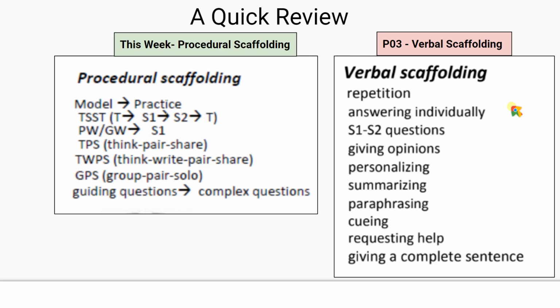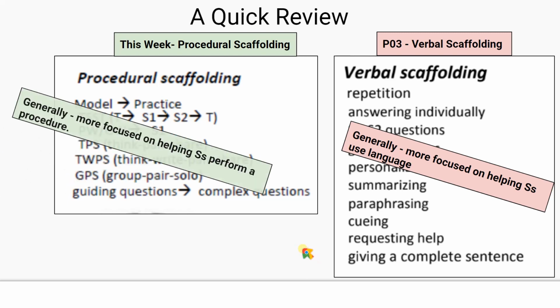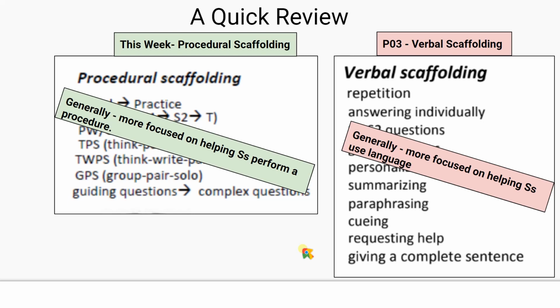Those 2 distinctions are more important than this, but some TESOL students will ask the question. So verbal scaffolding in general is more focused on helping students use language. Of course, there's language use happening in every scaffolding technique, but procedural scaffolding is generally more focused on helping students perform a certain classroom procedure.